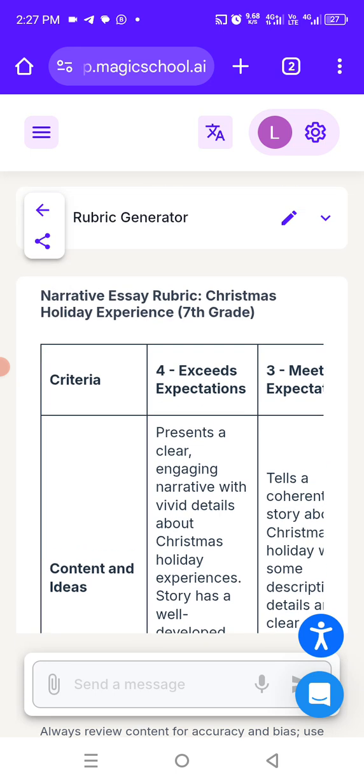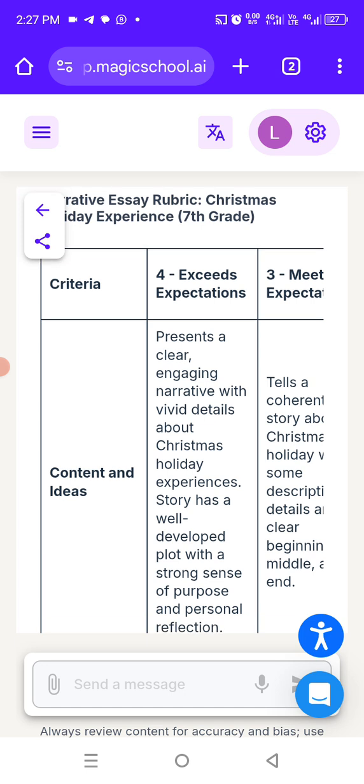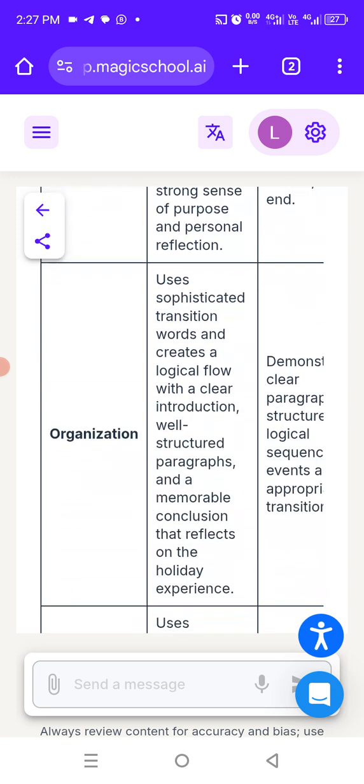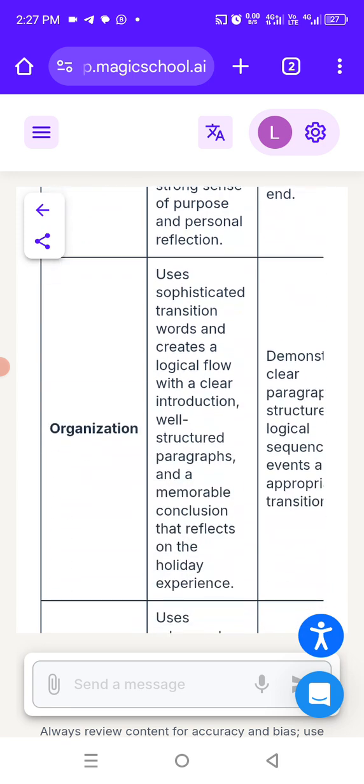See, narrative essay rubric, Christmas holiday experience, 7th grade. Now the criteria for assessing this assignment. First, content and ideas. The second one is organization, how did the person organize the content?